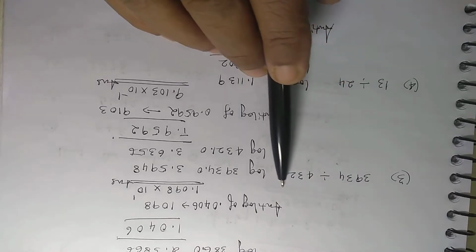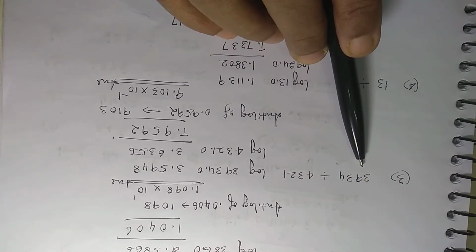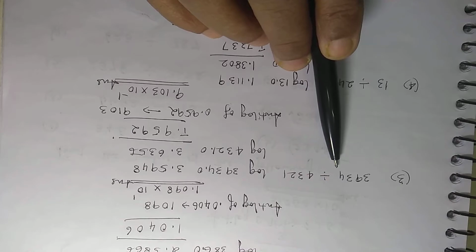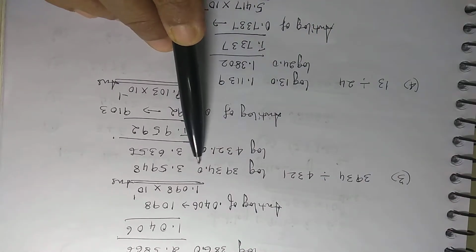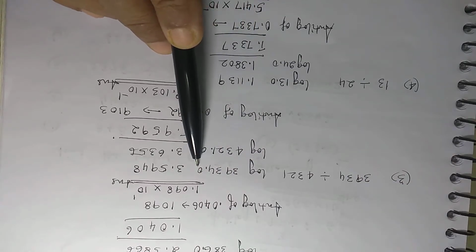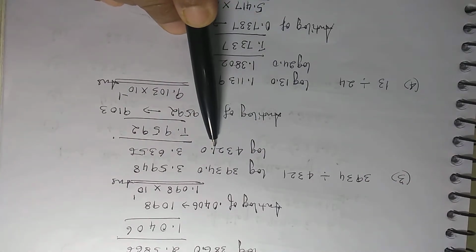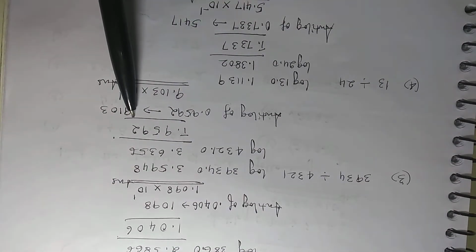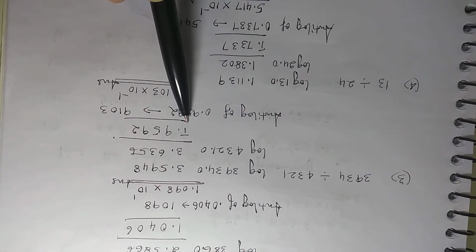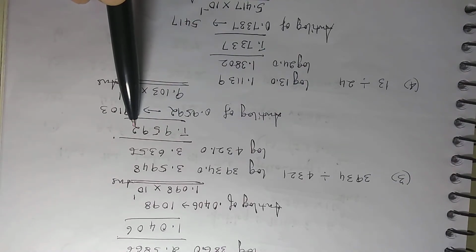So obviously the answer will come out in the form of a decimal. Now let us see how to do that. You'll do the same thing. Log of 3934.0, log of 4321.0, you find out, and you will get the answer as bar 1.9592, right?